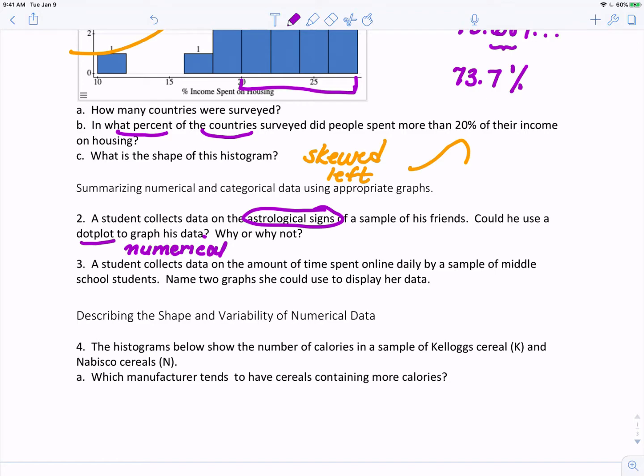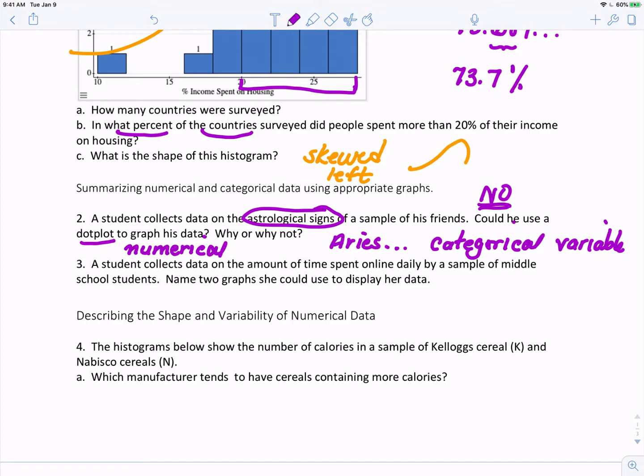Well, if someone asked you, what's your astrological sign, you would say something like Aries or Taurus or whatever your astrological sign may be. Notice that this is a category. So astrological sign is a categorical variable. And since it's a categorical variable, can you use a dot plot? No. Why? Because astrological sign is a categorical variable, and dot plots are only used for numerical variables.